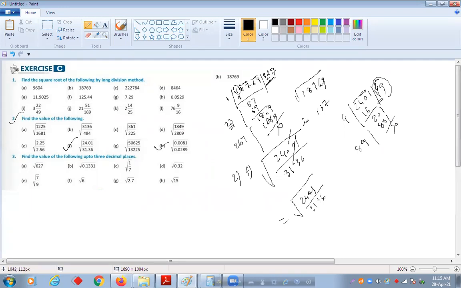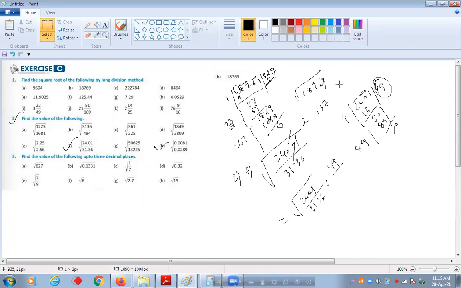The square root is 49. Very good, so here we write 49.